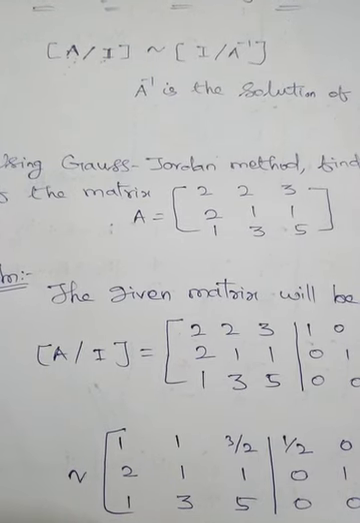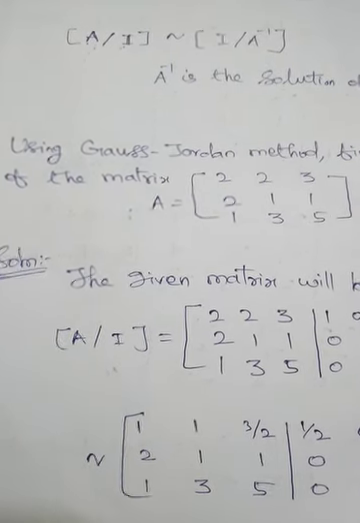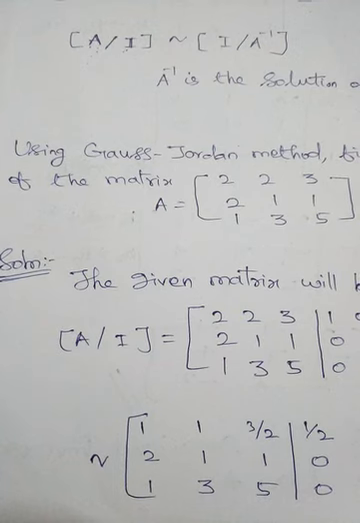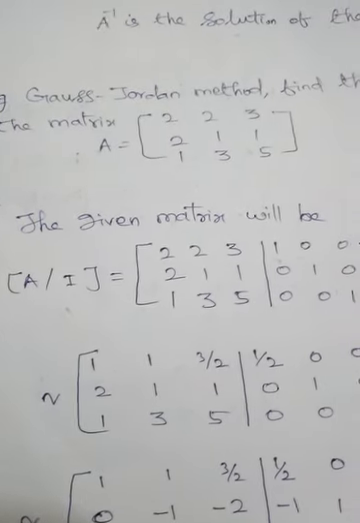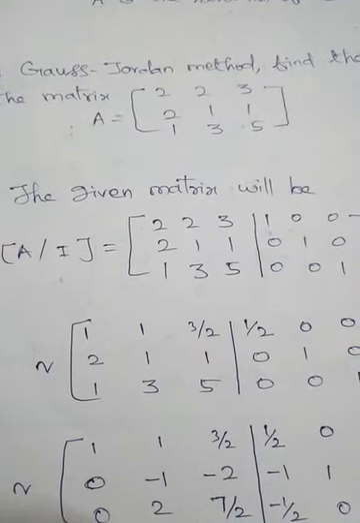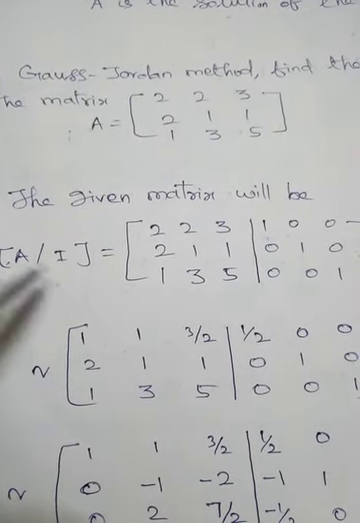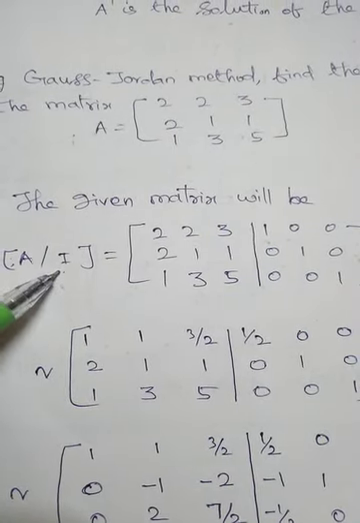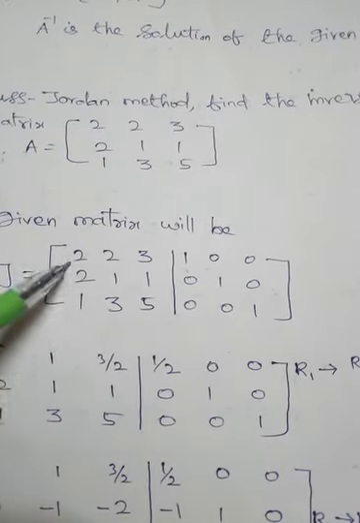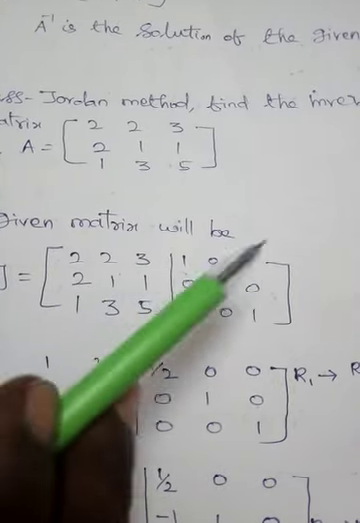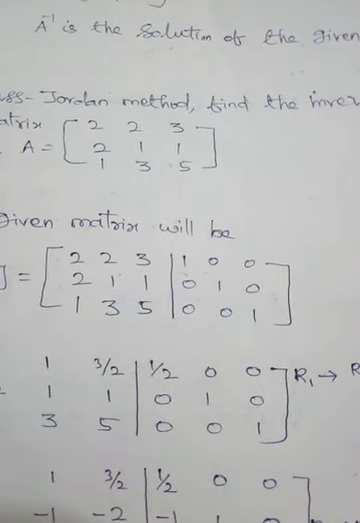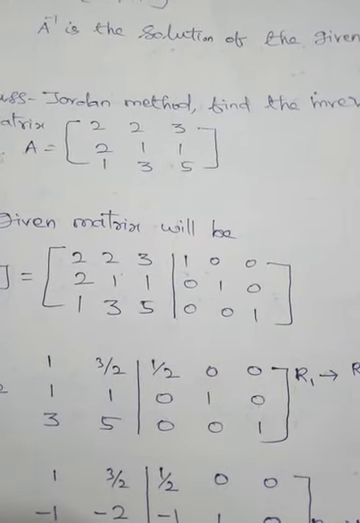Using Gauss-Jordan techniques, we are going to find its inverse. As I told you, we write A and identity like this. This is the given matrix, and this is the corresponding identity, 1 0 0, 0 1 0, 0 0 1. This is the initial step.